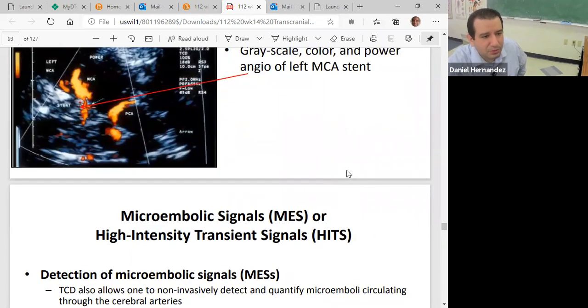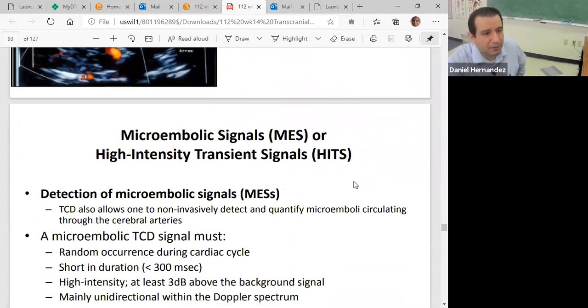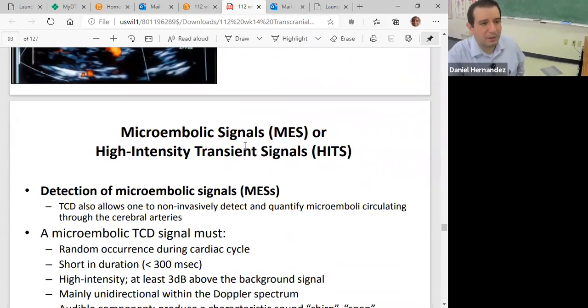So we can also use transcranial Doppler in detecting microembolic signals, or MES. They're also called high intensity transient signals, or HITS. So, detection of microembolic signals. Transcranial Doppler allows one to non-invasively detect and quantify microemboli circulating through the cerebral arteries.